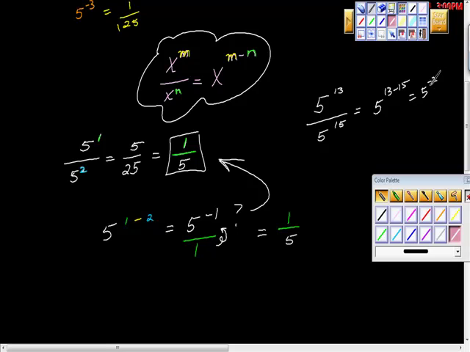But we know that to fix this, to cure this negative exponent, we're going to use this little trick here. Why are we using the trick? Just to make it fit the pattern of arithmetic. We're just going to flip this thing over. And it would be 1 over 5 squared, which is 1 over 25.